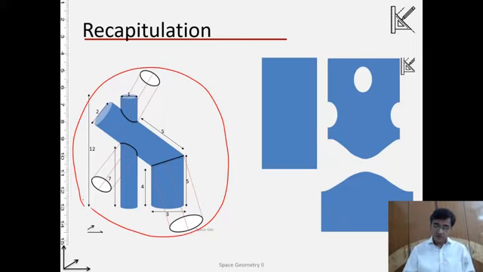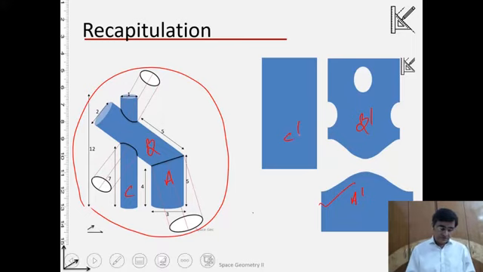And then we saw that we will have to develop, say for example for A, a surface like A dash, so that when I fold this A dash, I will be able to generate the cylindrical form like A. Similarly for B, something like here B dash, and for C, C dash.